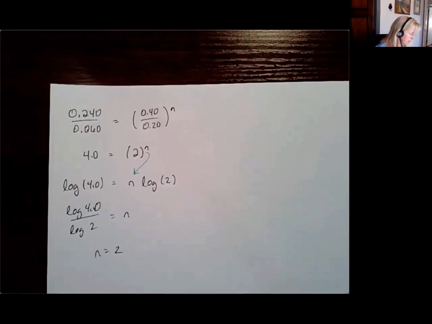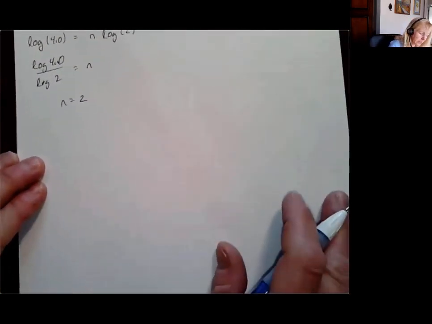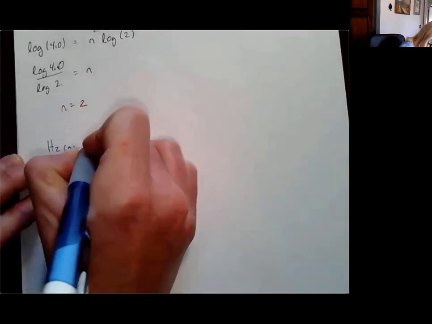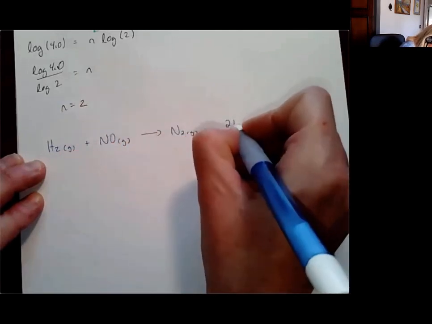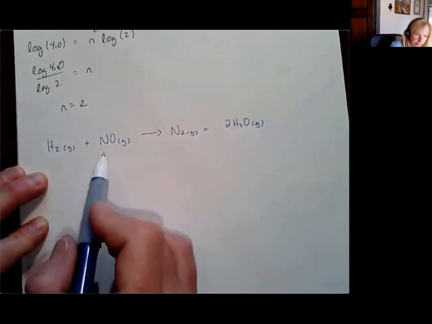Okay, I can also have a scenario where I have more than one reactant. So this is looking at a very simplistic way. So let's say I have H2 gas reacting with NO gas, going to N2 gas plus water. Now my rate law for this, I have to treat each of these reactants individually.